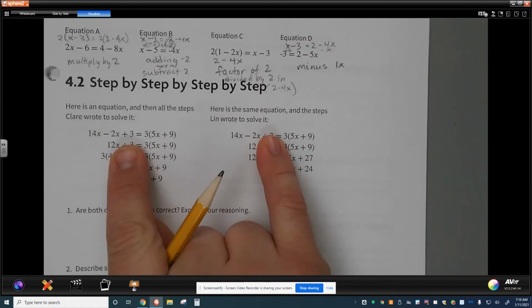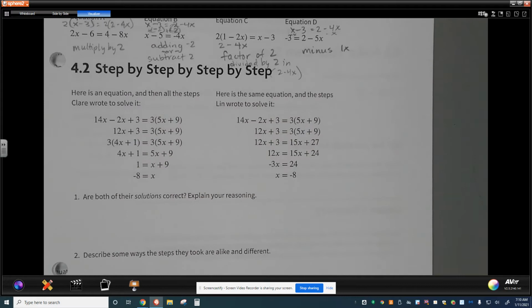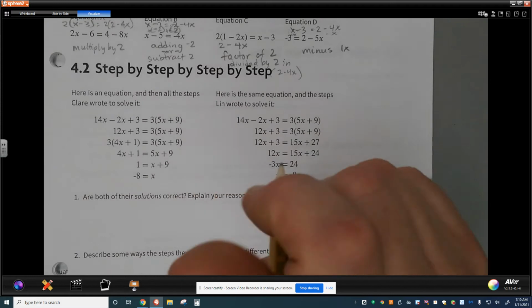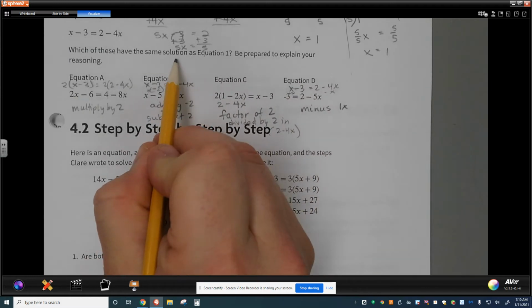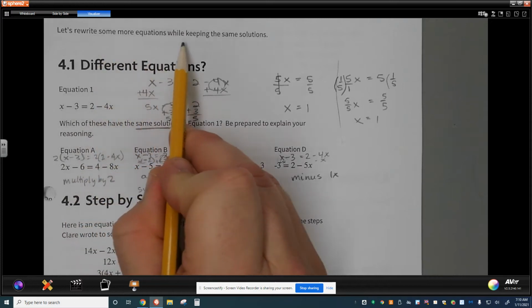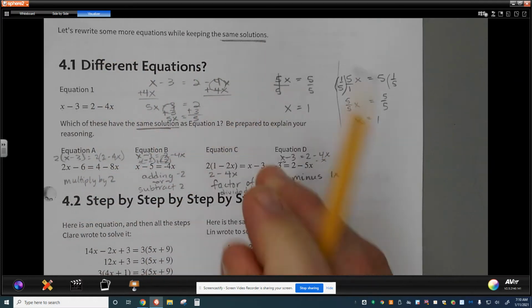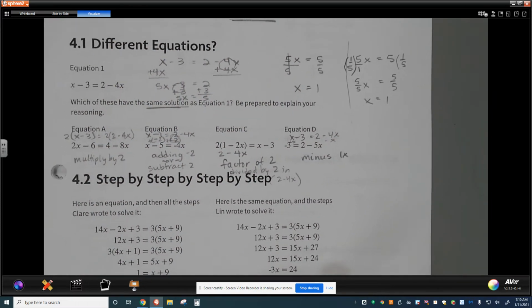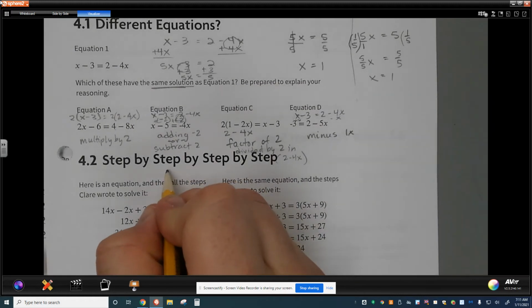In the beginning, when I introduced this video, I told you that we were going to find out, how do I know if I have the right answer? For a long time, I think that we've kind of just guessed. In this case, you'll notice that we talked about the solution, right? Same solution right here. We talked about right here, let's write some more equations while keeping the same solutions. The solution to the equation is this.